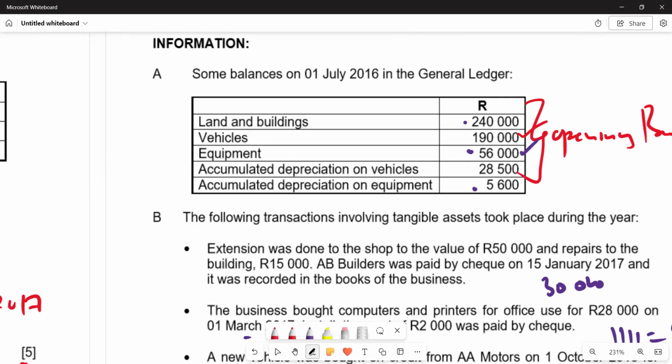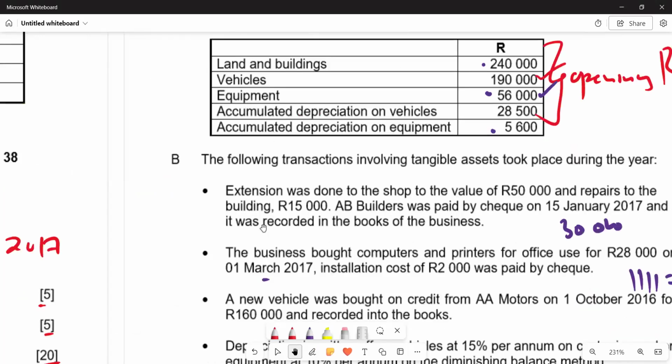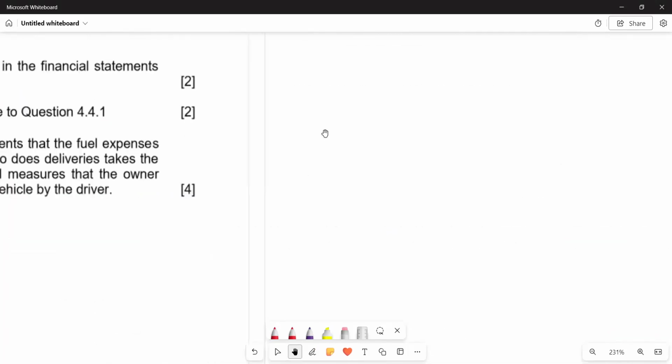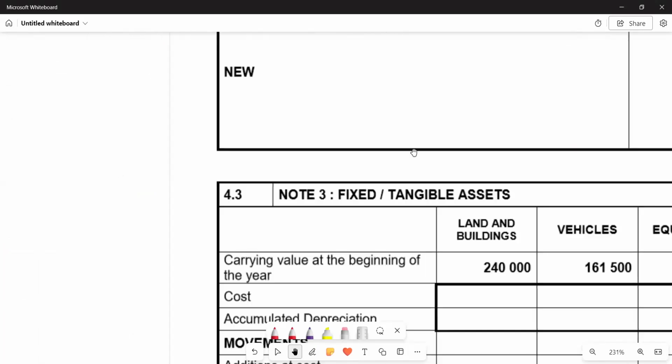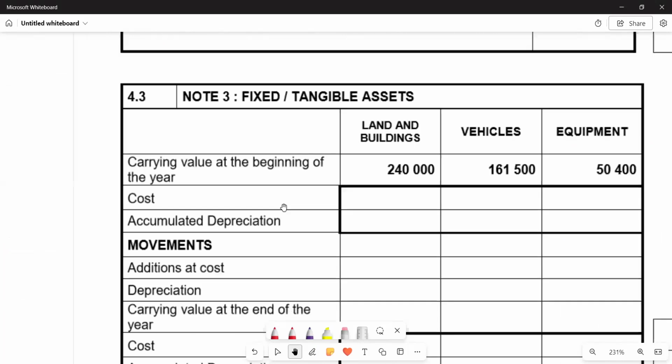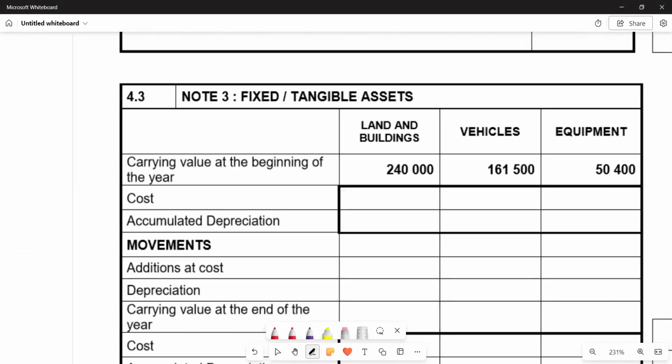You know that land and buildings does not depreciate, so depreciation is going to be 0. So we leave it like that. We are saying our cost was 240,000, and we don't have any depreciation because land and buildings does not depreciate.